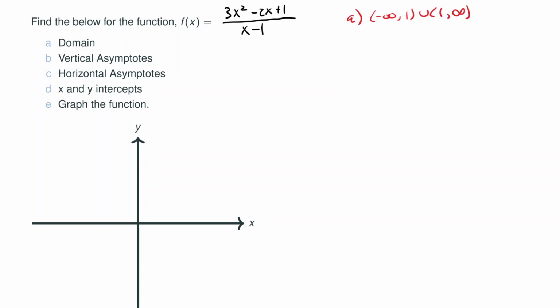So for finding the vertical asymptote, we do have to factor. So let me actually factor the numerator. We get 3x and x, and it should be minus 1 plus 1. Oops, let me double check.